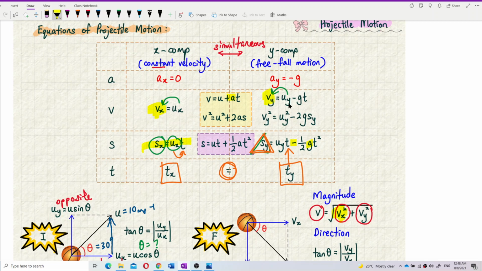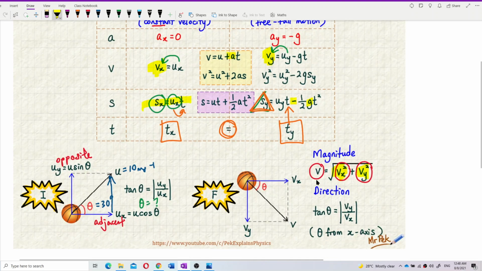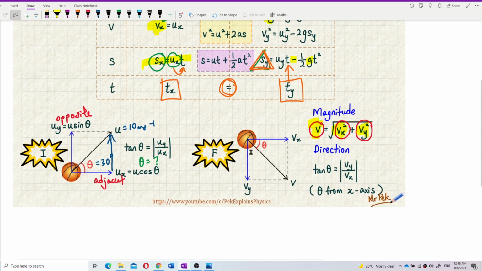Then you substitute vy into here, and then you can find your final velocity. You understand or not? That's it. You must do Pythagoras theorem.